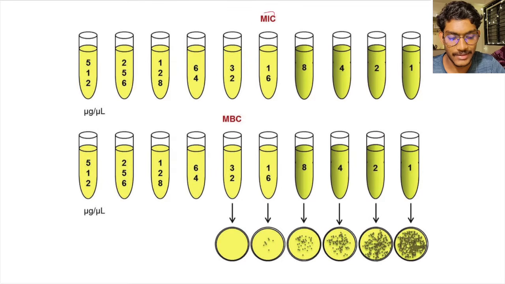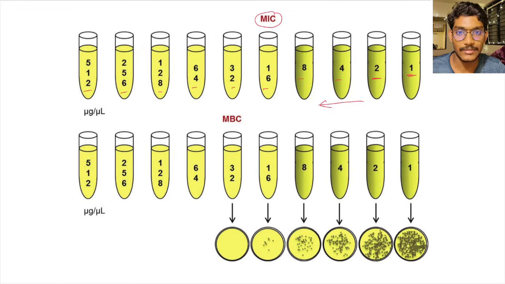To determine MIC values, as I have mentioned, we will add different concentrations of antibiotic, like here is 1 microgram per ml, 2 microgram per ml, and we gradually increase the concentration: 1, 2, 4, 8, 16, 32, 64, 128, 256, 512.